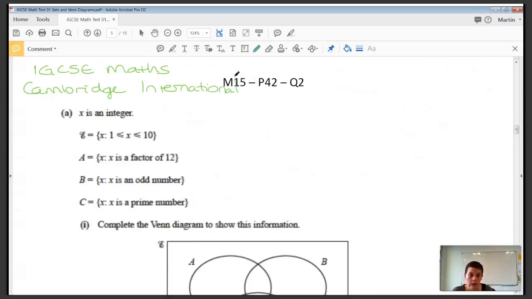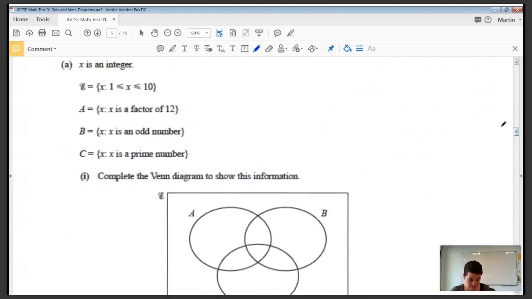Okay, so M15 means March 2015, and it's paper 42 and it's question 2. So what we've got here is the question actually as is from the paper.